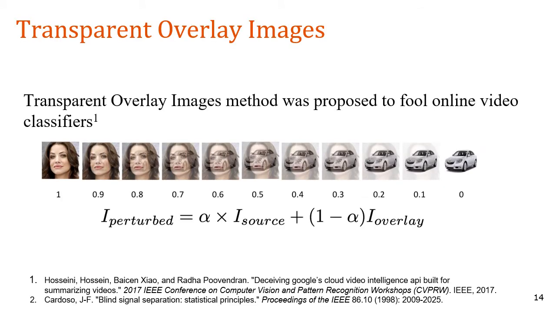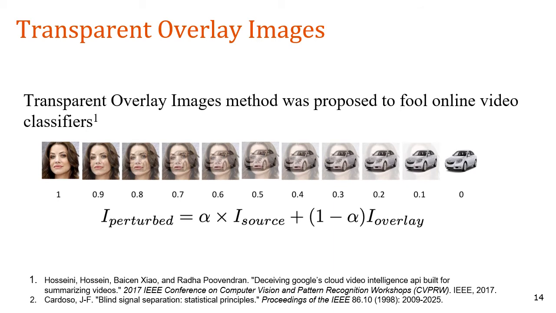Transparent overlay images were first proposed to fool online video classifiers, in which there is a source image and an overlay image, and the overlay image is added to the source image with a weight of alpha. For example, if alpha is equal to 0.7, it means that 70% of the image comes from the source image and 30% comes from the overlay image.